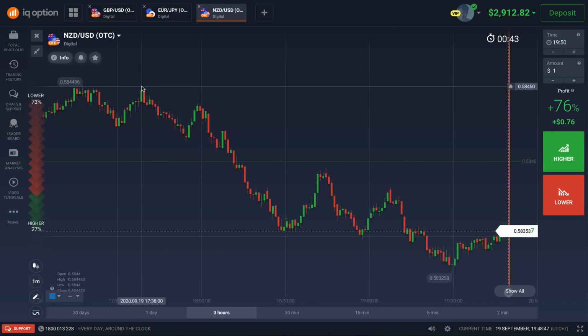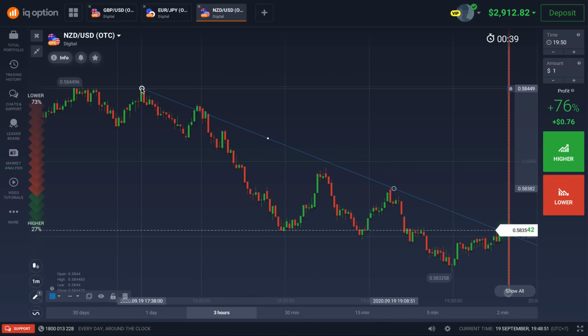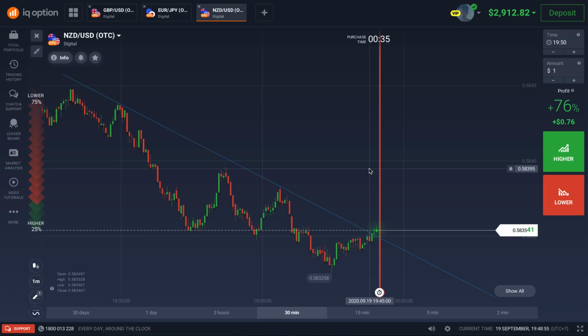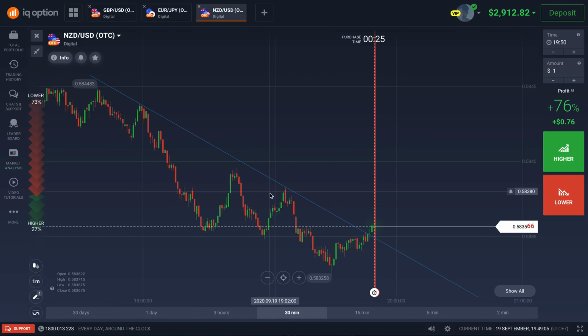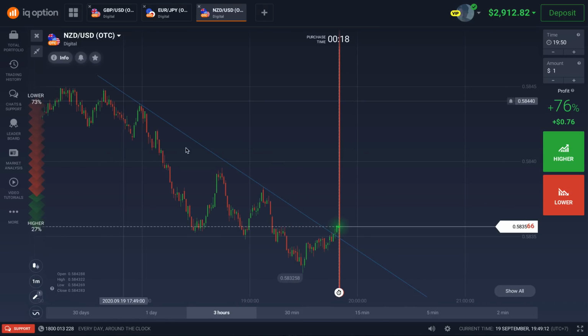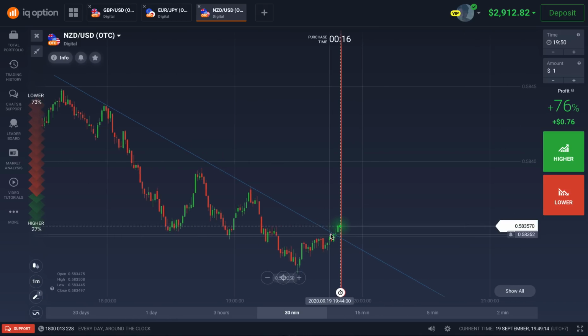And we start with the trend line right here. Why do we start with the trend line? Because we want to see where it's going to happen again. Every time before it's falling back, it will just come close to the previous line.